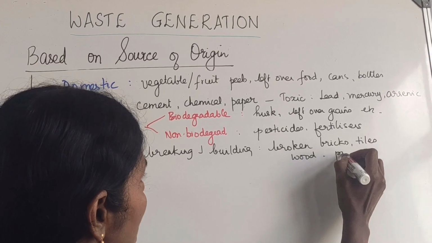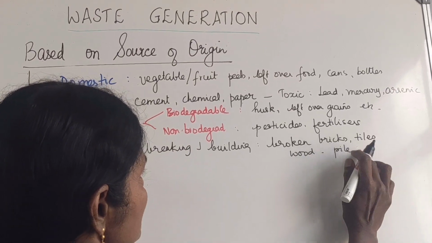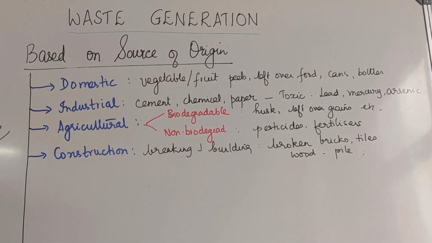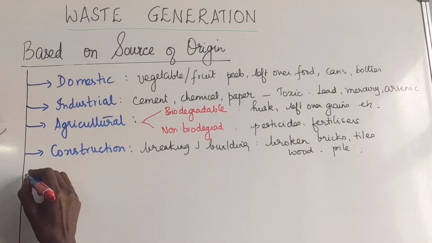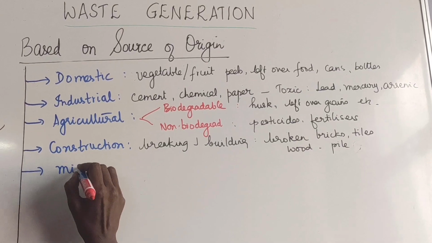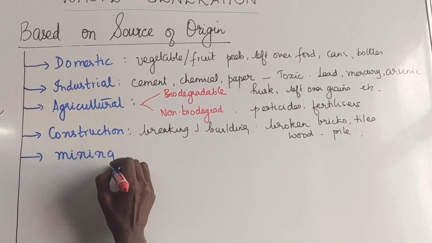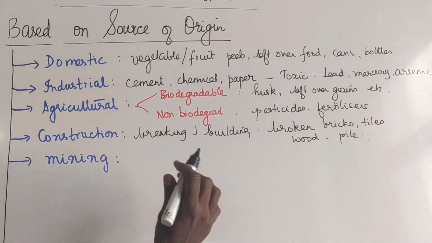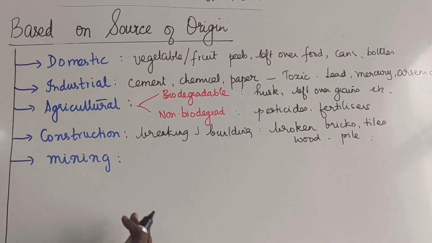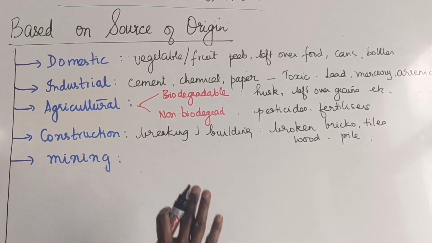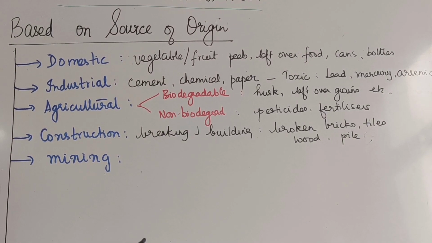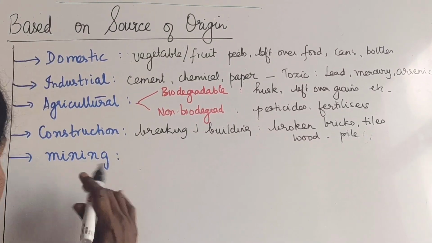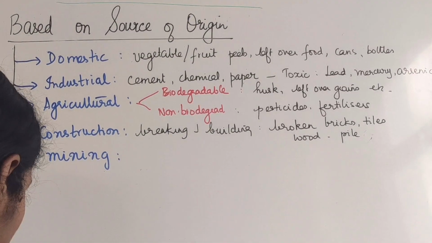It's all a pile or heap of waste and broken things due to construction. Next we have waste from mining. Again there will be a heap of soil that affects the aesthetic of the place. Not only that, it also makes the level uneven and the beauty of the place is completely gone. That is due to mining.